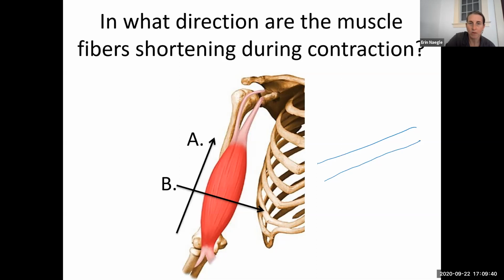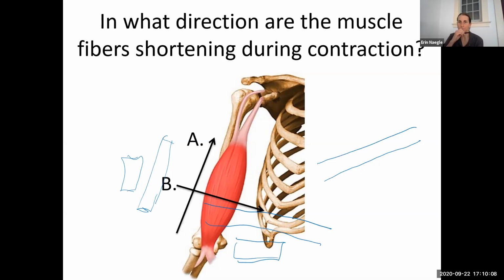So are they going to be oriented in this direction so that they shorten? See how this is getting complicated. If they shorten, then they're going to get shorter like this, right? Or our other option is, what if they're oriented more like B? B would be like they're oriented more like this, and when they shorten, they get shorter like that. Which one do you think is the case?